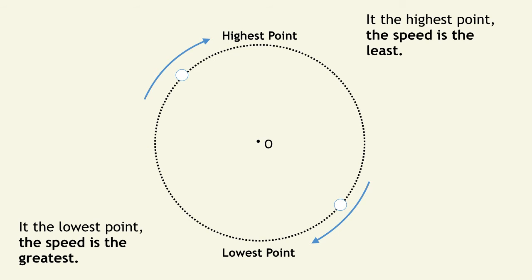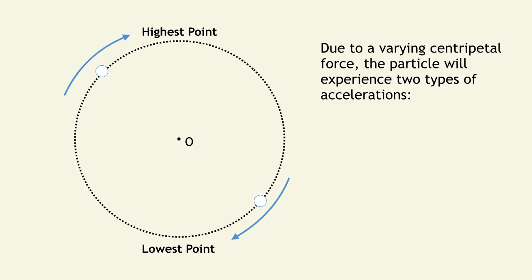And in horizontal circular motion, we know that the resultant force acting on the object remains the same, but in vertical circular motion, the resultant forces acting on the object will be different, and therefore there will be varying centripetal forces, and therefore their acceleration can be seen as two types.